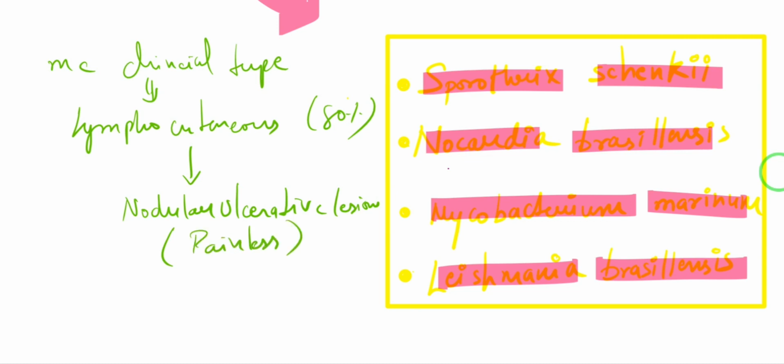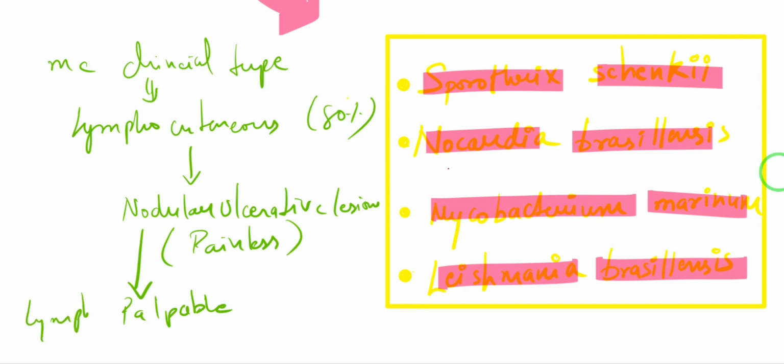These nodular ulcerative lesions are spread across the lymphatic vessels because the fungus invades the lymphatic vessels, and these lymphatic vessels are even palpable. You can palpate these lymphatic vessels. They feel cord-like.